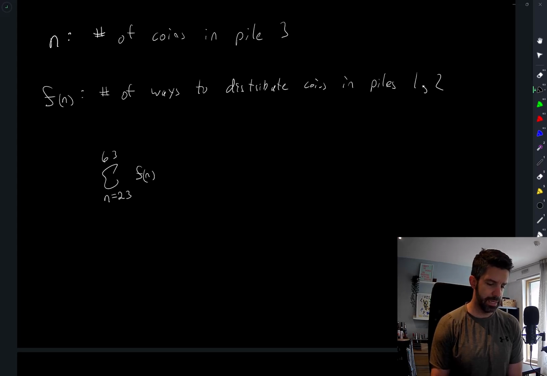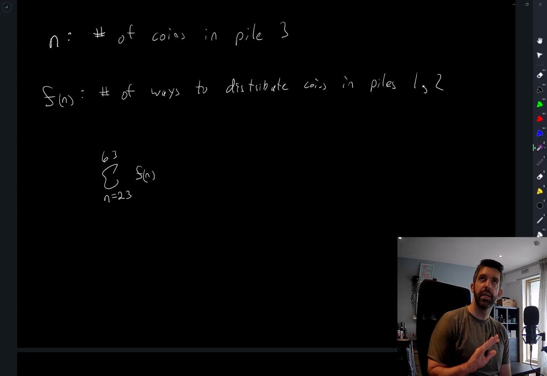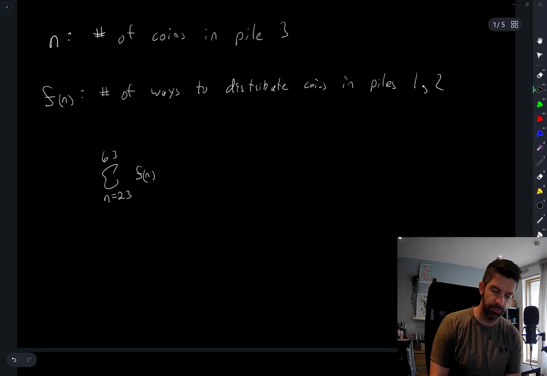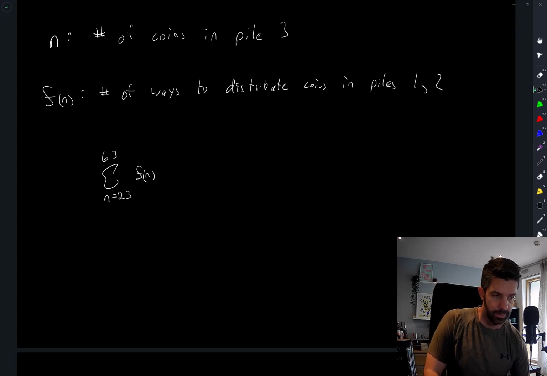It might not be; the exact expression we get might depend on whether n is even or odd, but that's okay. I think it'll still be more or less linear in n, and it'll be an expression that we can compute this sum of.